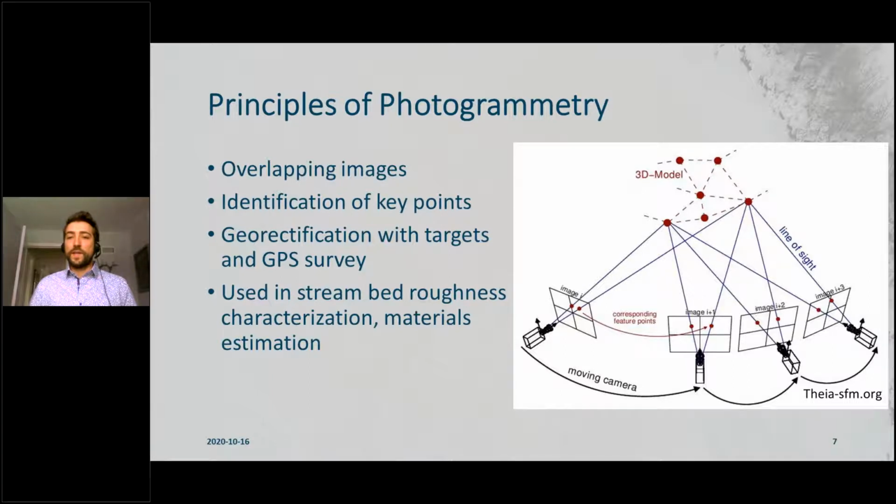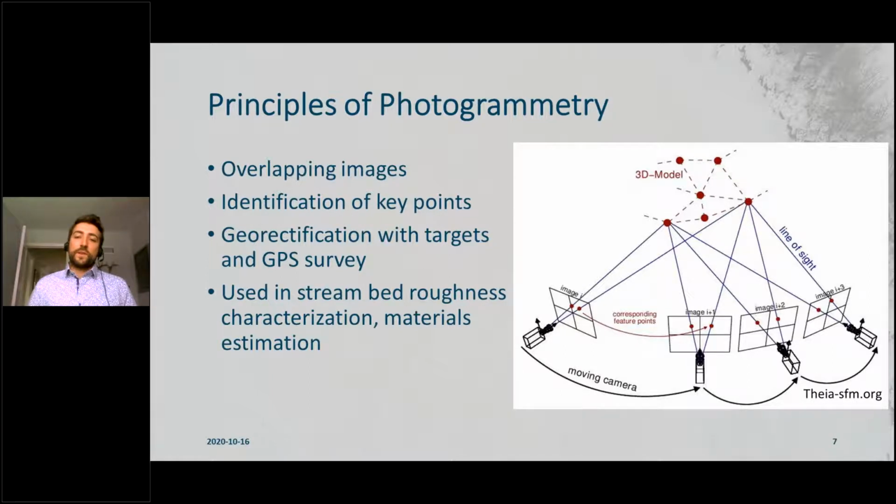And as long as each point of interest is viewed in at least 2 images, it can be used in the analysis. For this research, we use Agisoft PhotoScan Professional, which automates a lot of the process for us. And if we throw in all of our drone photos and some survey data, it can produce a geo-rectified surface for us.